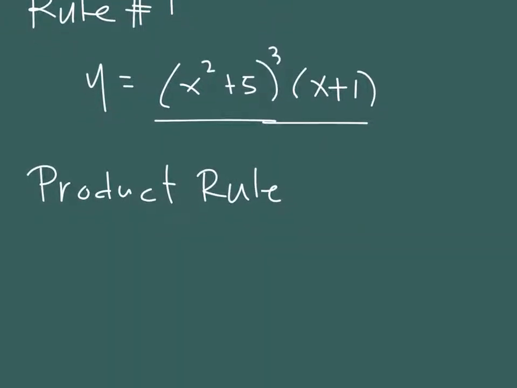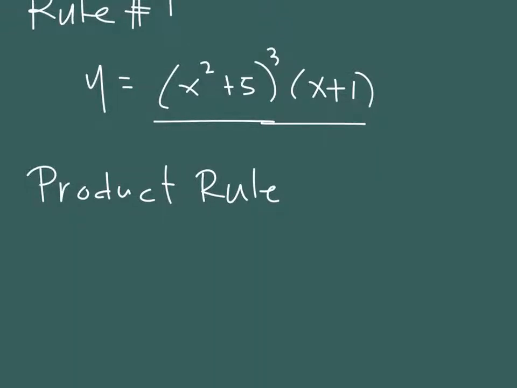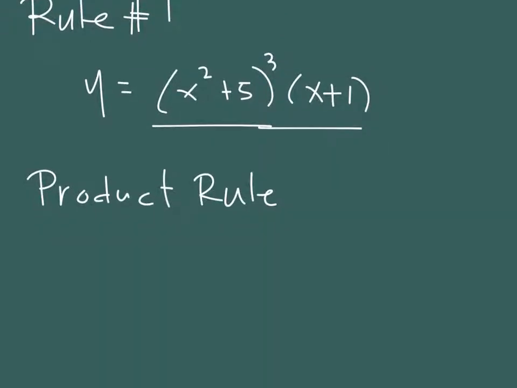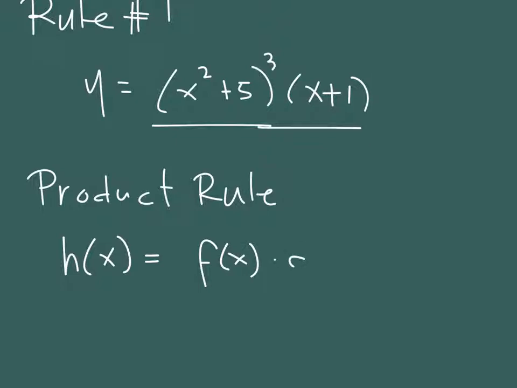Maybe we'll try to limit it first without the exponent 3. Suppose f of x times g of x, and h of x is the product of f of x and g of x. So how do we find the derivative?